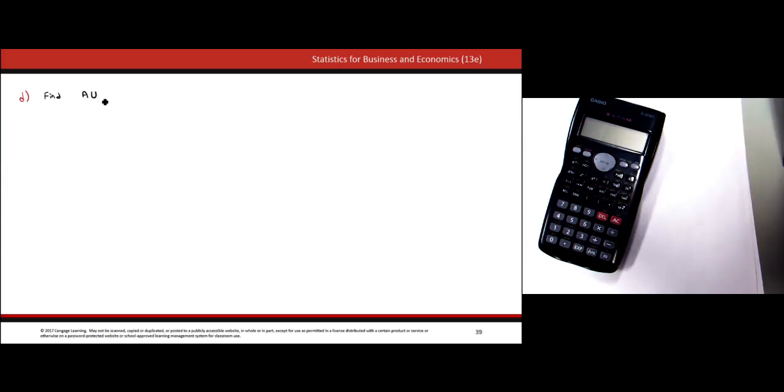Find probability of A union B complement. So then A union B complement. Which ones do we have in A? E1, E2. And which ones do we have in B complement?